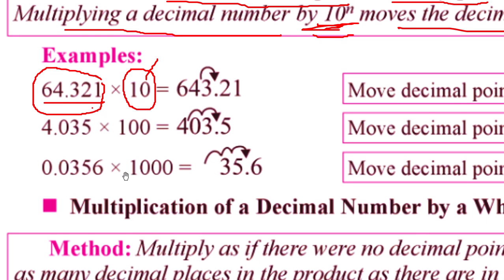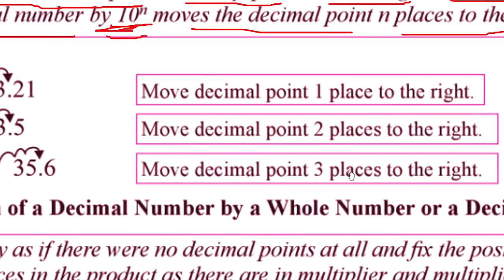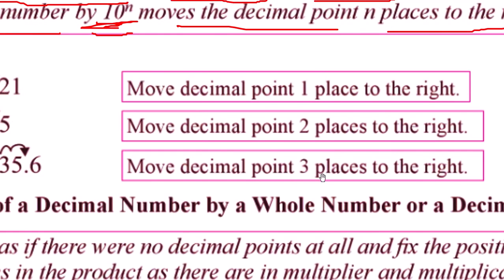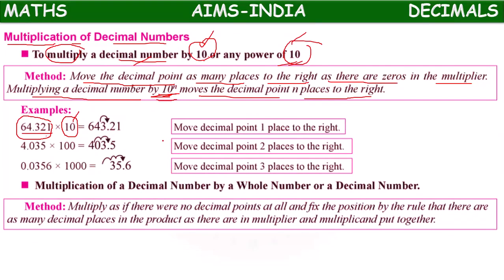But before 3 we have two zeros. Because if you have zeros on the extreme left position in the numerical part, that zeros will not be having any value. We can remove them simply. So we can write it as 35.6. So here decimal point is moved to 3 places to the right.